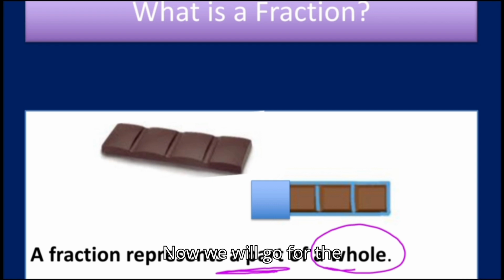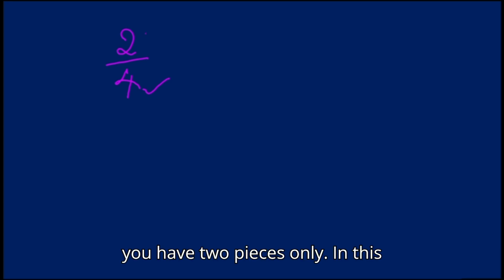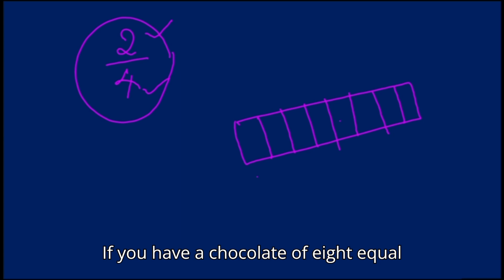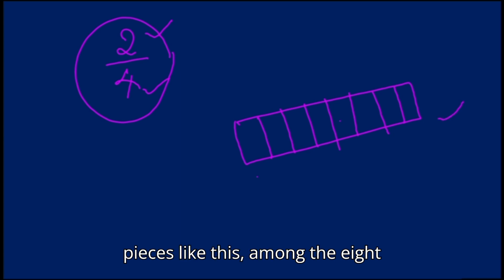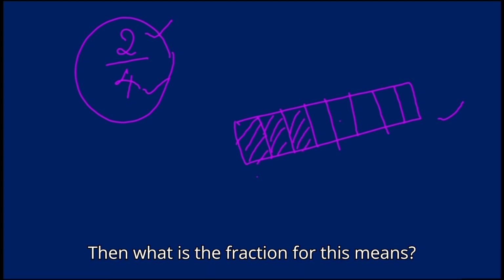Okay. Now we will go for some more examples. Let us see a fraction like 2 by 4. That means out of 4 pieces, you have 2 pieces only. In this situation, we represent it as 2 by 4. Suppose you have a chocolate of 8 equal pieces, and among the 8 pieces you have taken 3 pieces. Then what is the fraction?